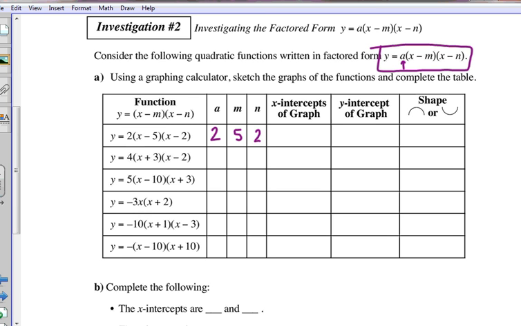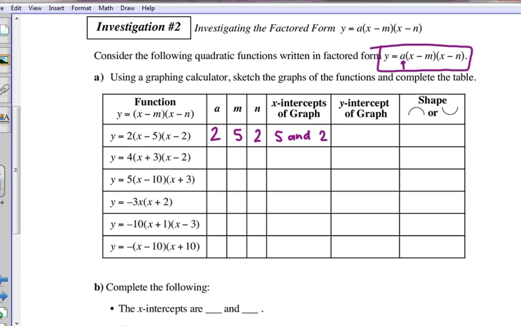Negative 1. Yeah, as long as it's in this form, x minus, right? If we ever have a number minus x, then we'll have to change it to look like this form. So what are the x-intercepts then? 5 and 2.